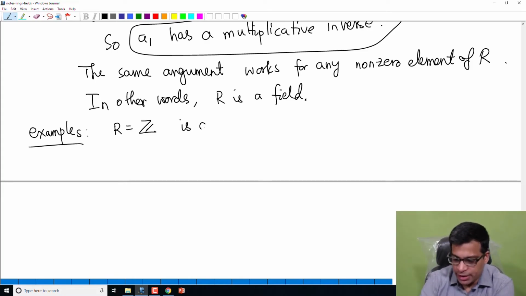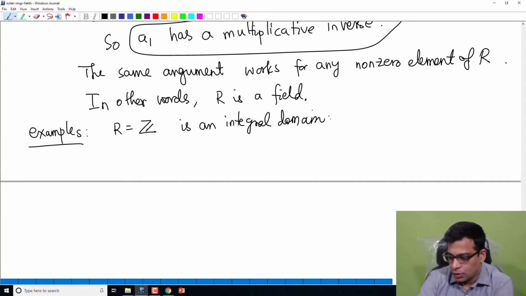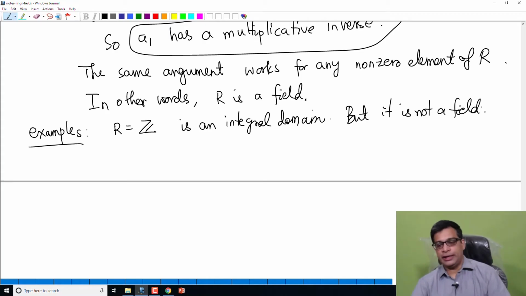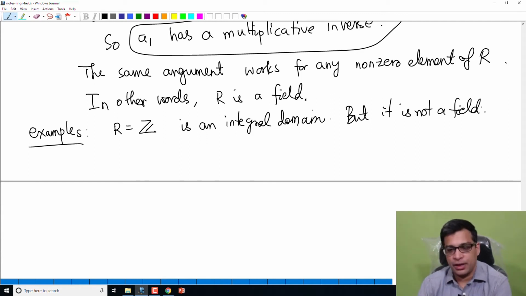So this is an integral domain, but not a field, right? That we know. It is not a field, because for example, the integer 2, which is a non-zero integer, has no multiplicative inverse. So it is an integral domain, it's not a field, and the reason that the previous problem does not apply here is R is not finite.